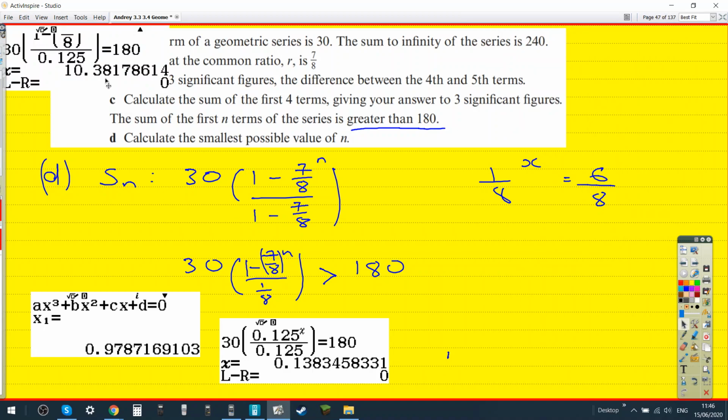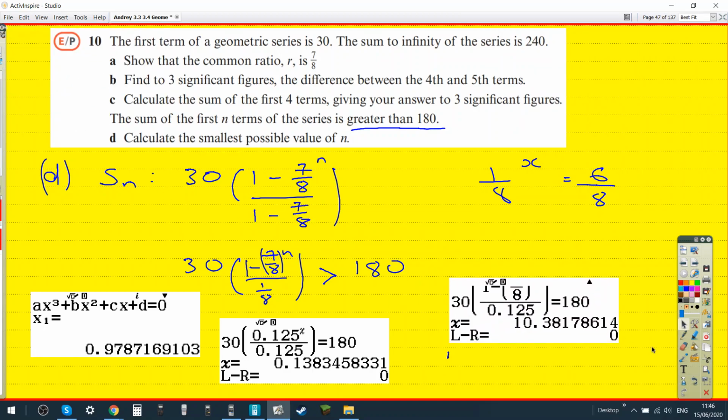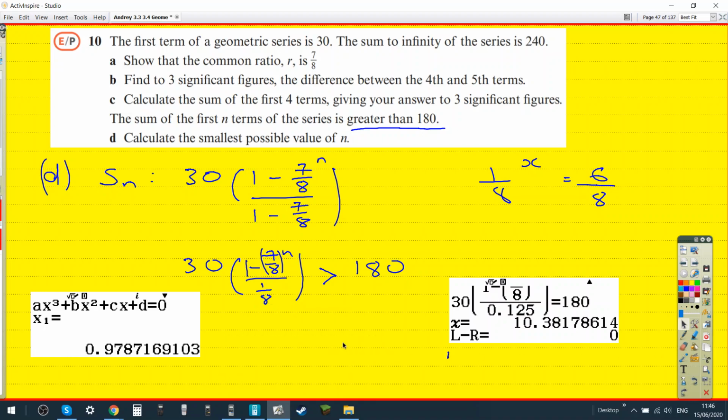And so what do we do with that? Should we just get it to like three sig fig? Smallest possible value of n. So would we do like 10.38 equals n or something?